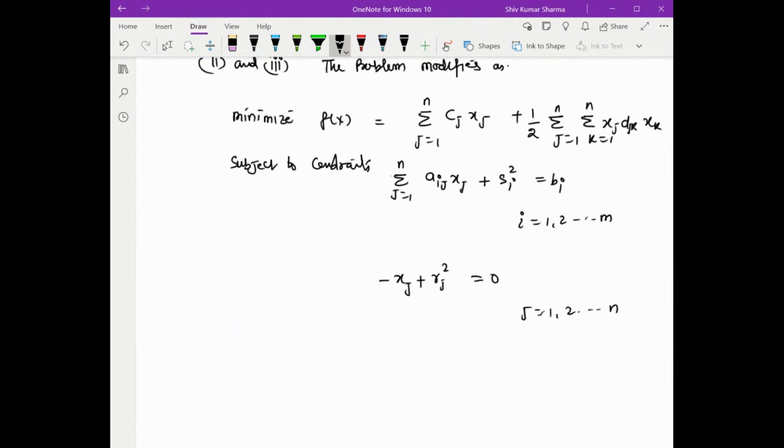Understand? So here we introduce slack variables for both, that means constraints as well as decision variables, and the problem is reduced, sorry, modifies as a maximization problem.